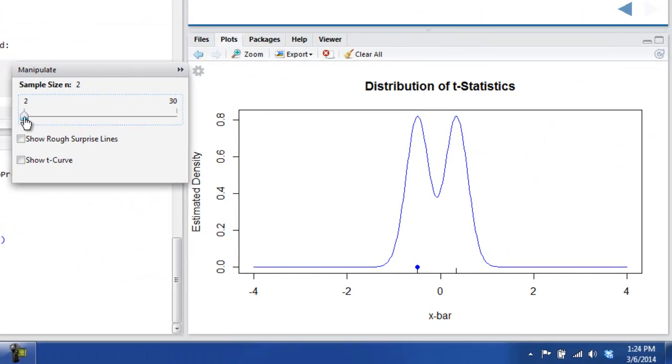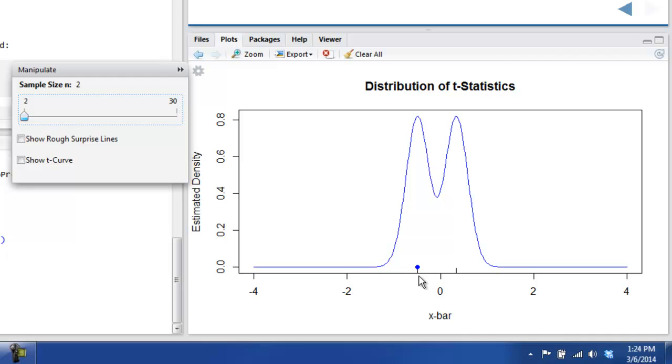Looking over in the plot window, we see that now we have a density curve taking shape. It's based so far on only 2 t-statistics. The first t-statistic we took is indicated by this little hatch mark, and the second is indicated by the hatch mark and the blue dot. The blue dot will always occur over the most recent t-statistic that has been recorded.